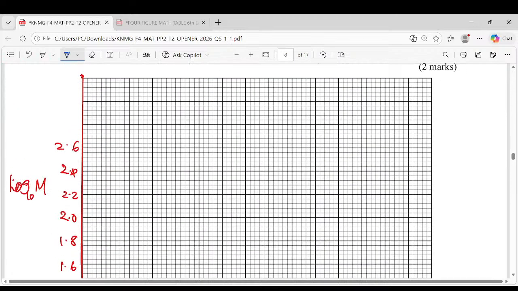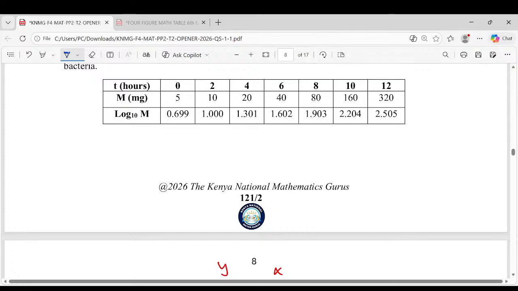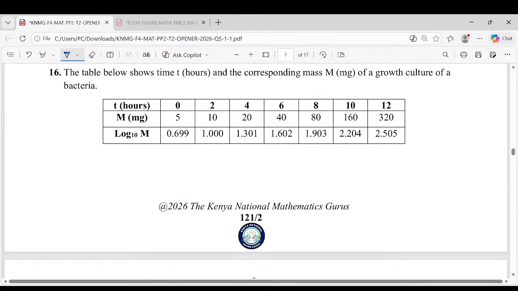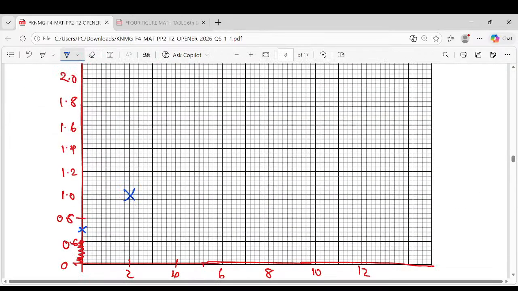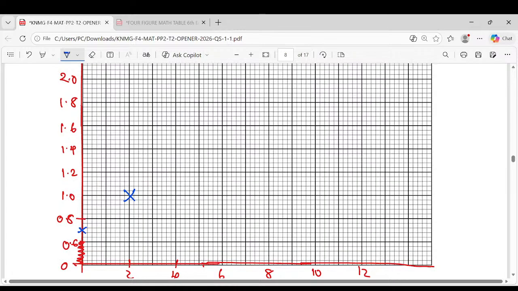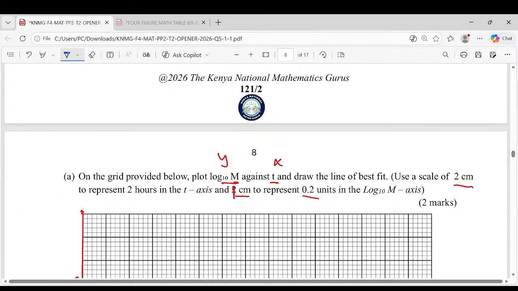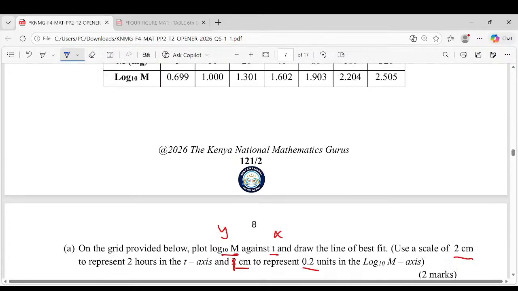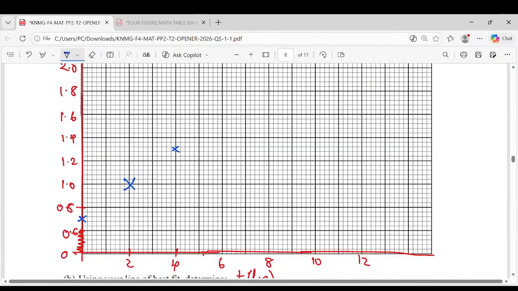Then 4, 1.3. 4, 1.2. 3 is there. 6, 1.6. Let us see. 6, then 1.6 is here.